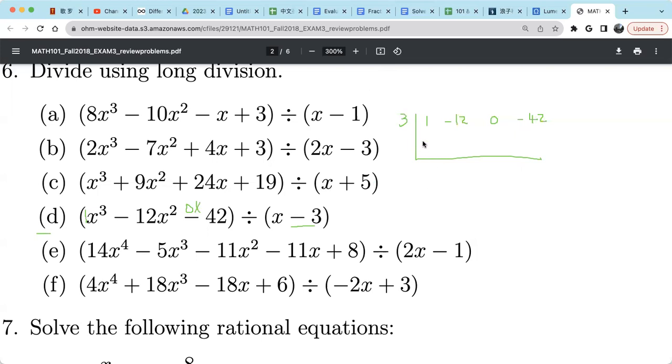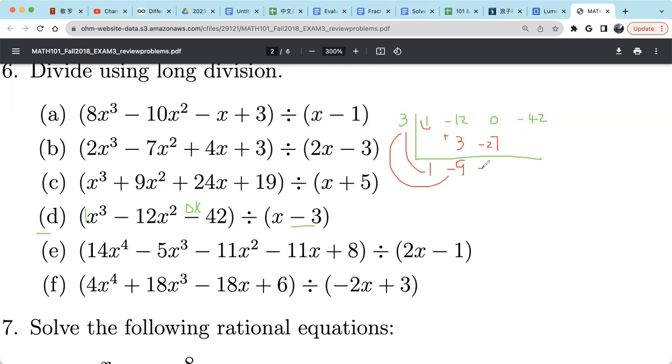Take down the first one, right? Take down this one. Then use this one, multiply by 3. Write down 3 here. Add those two. -12 plus 3 is -9. Then use -9 to multiply by 3. -27.